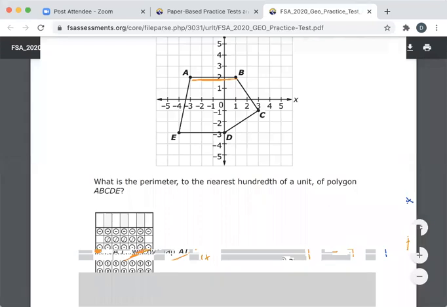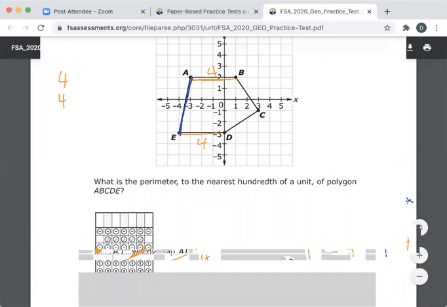So from -3 to 1 is 4 spaces, right? And ED is the same. It goes from -4 to 0. That is also 4 spaces. So far I have 4 and 4. Now I'm going to look at side EA. This is the side right over here.